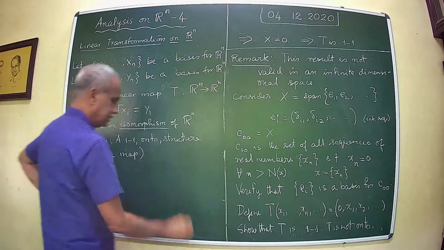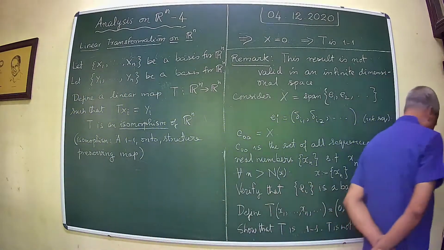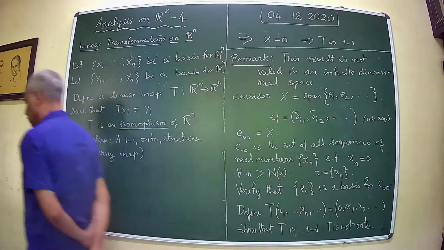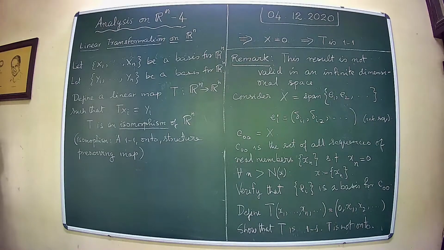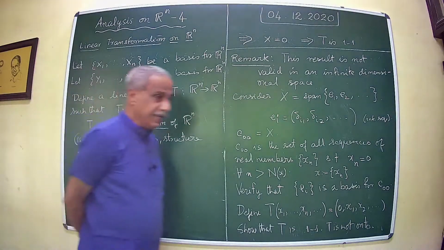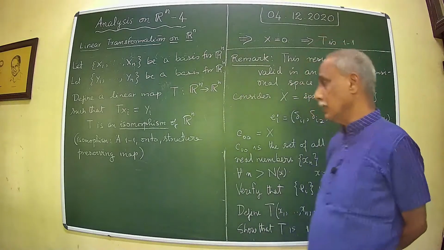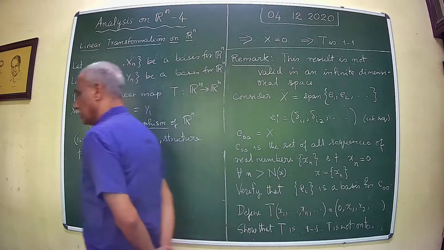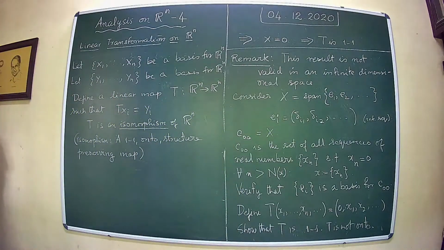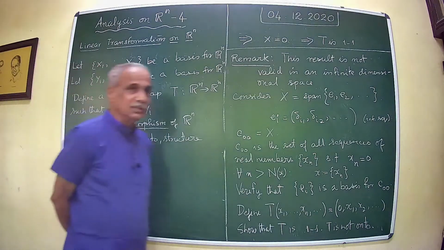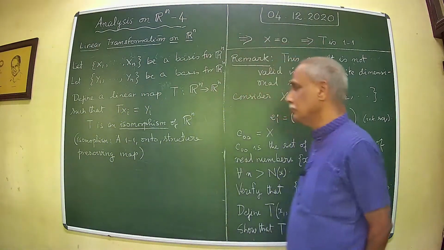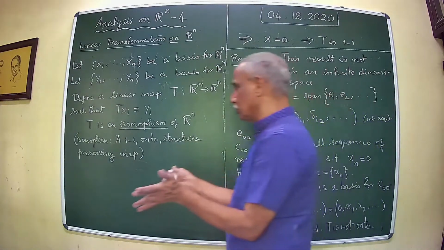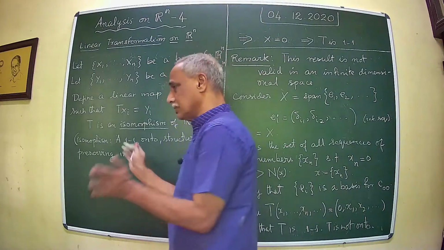Here, the structure that you have is linear. Now you talk about isomorphism in various contexts. For instance, one group into another, then you will be talking about the group structure; from a ring to another ring, the ring structure; or from a field to another field, the field structure; or from one module into another. So all this is essentially the maps which are 1 to 1 and onto and preserve the structure.